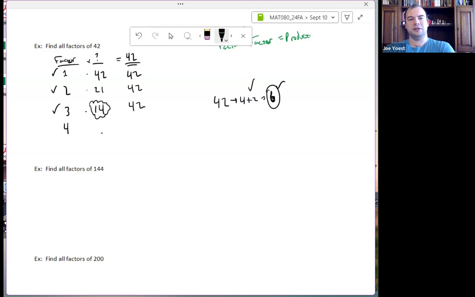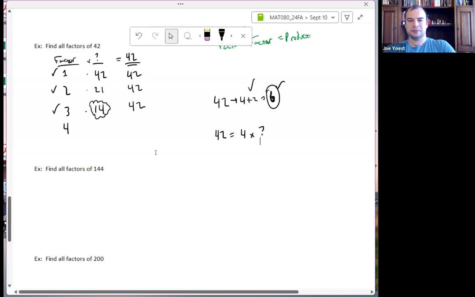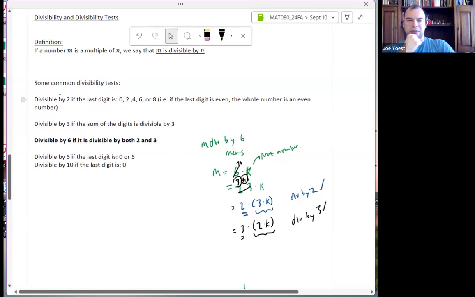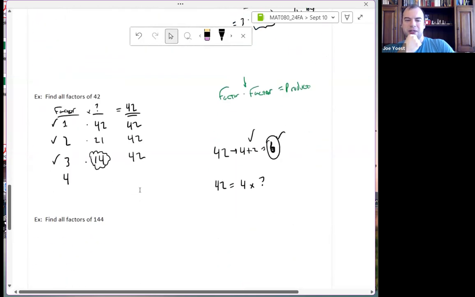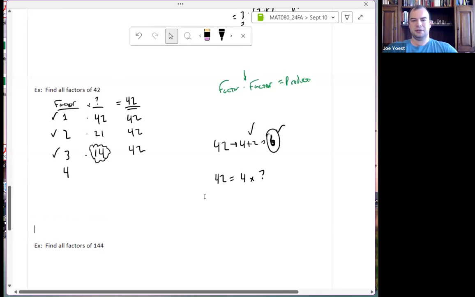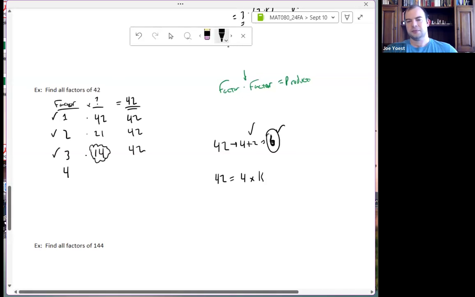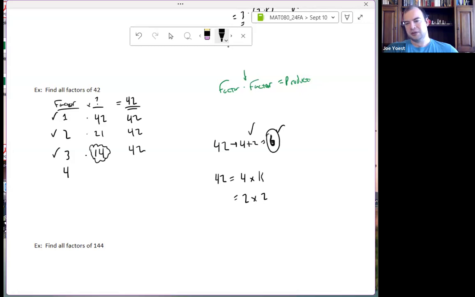Is 4 a factor of 42? Is it true that 42 equals 4 times something, where the something is a natural number, 1, 2, 3, 4, 5, etc.? Well, I can say, if 42 is 4 times something, let's say maybe it's 4 times k, well, that would mean that it would have to be 2 times 2k, right?